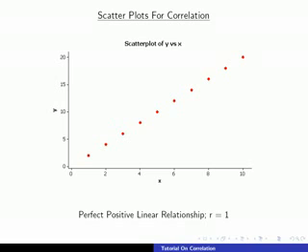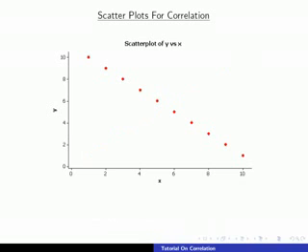This plot shows what a perfect positive linear relationship looks like, which means that our correlation value equals 1. Next we have a scatter plot of y versus x, and we can see that this time our observations have produced a perfectly straight decreasing line. This is what a perfect negative linear relationship looks like, and is represented by a correlation value of minus 1.